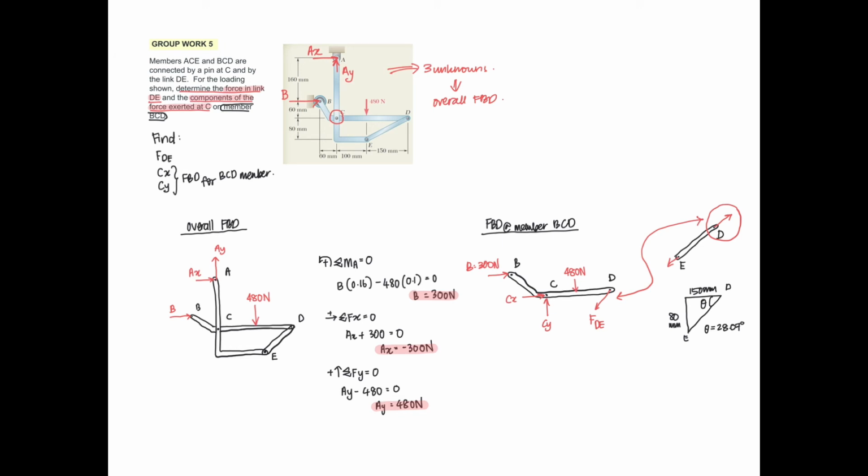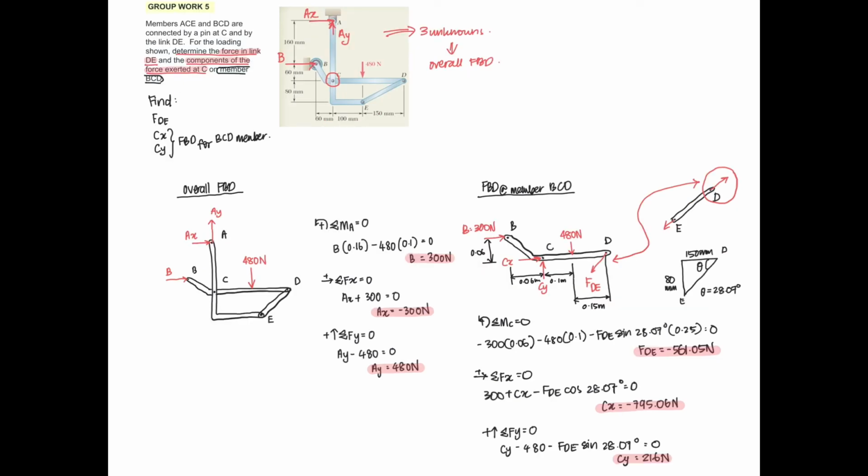Start from summation of moment at point C, because point C has two forces. So we can get the value of FDE equal to negative 561.05 Newton. Next, applying summation of Fx equal to 0 and summation of Fy equal to 0 to find the value of Cx and Cy. So we can get the value of Cx equal to negative 795.06 Newton and Cy equal to 216 Newton.